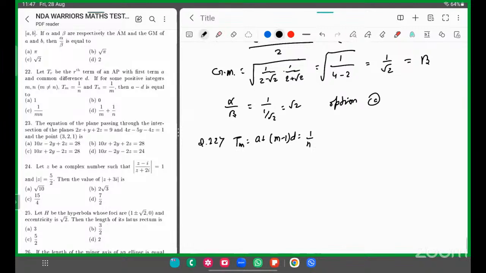And they are saying that T n, the nth term, equal to A plus n minus 1 into D equal to 1 by m, like this.